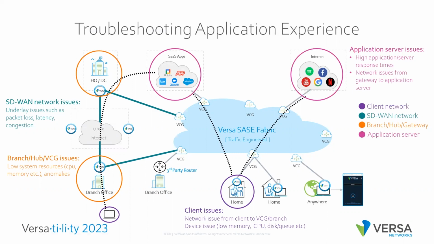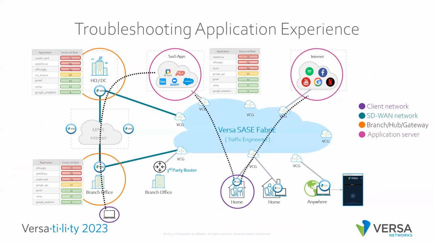Maybe the application is overloaded. Maybe it is accessing some database server which might be very slow. It could be due to also network issues from the gateway to the application server. Now, in a typical environment, we would provide application performance rank per application, which tells you whether the application experience was good, bad, or degraded.